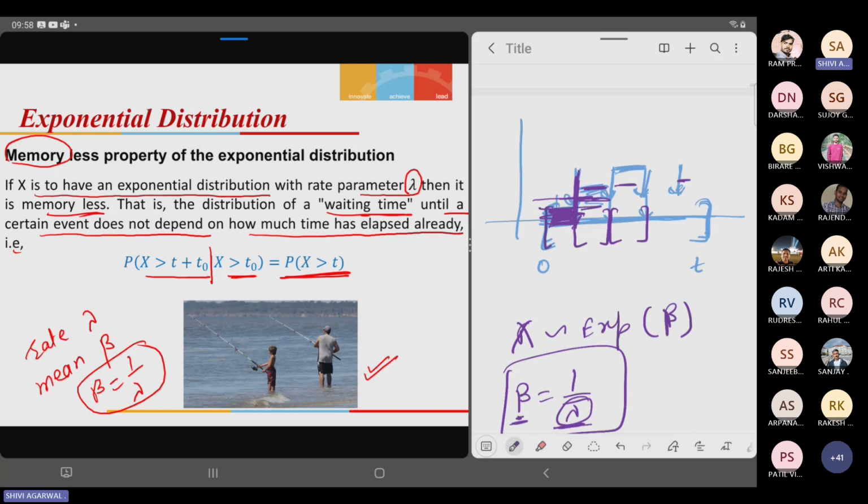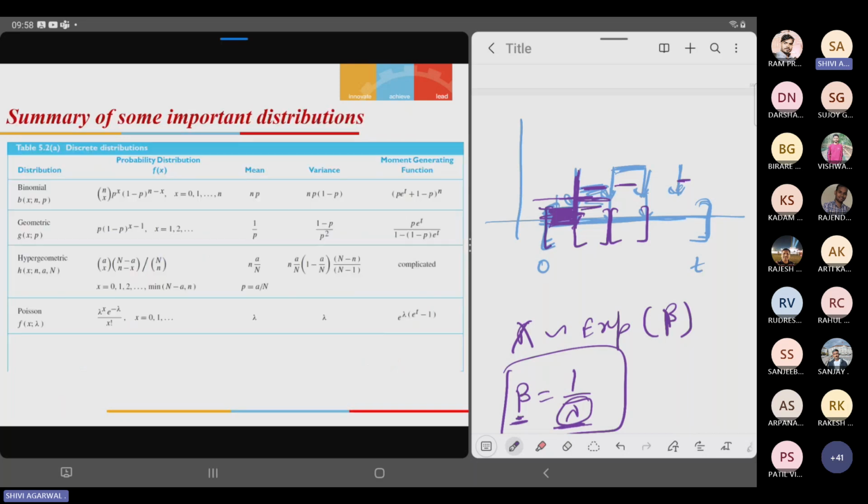Any doubt? I am now doing one topic that is not on the slide, which is the summary of some important distributions. You can see the binomial, geometric, hypergeometric and Poisson distributions, with their density function, mean, variance, and moment generating function.